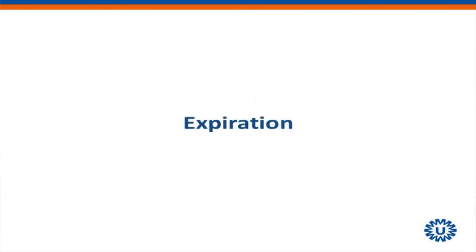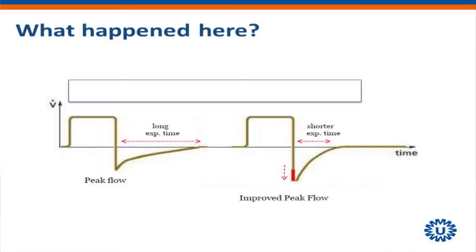So far for inspiration, what can you see on the expiration waveform? What happened here? You see here a lower expiratory peak flow than here. And you can see here a long expiratory time and here a very short expiratory time.